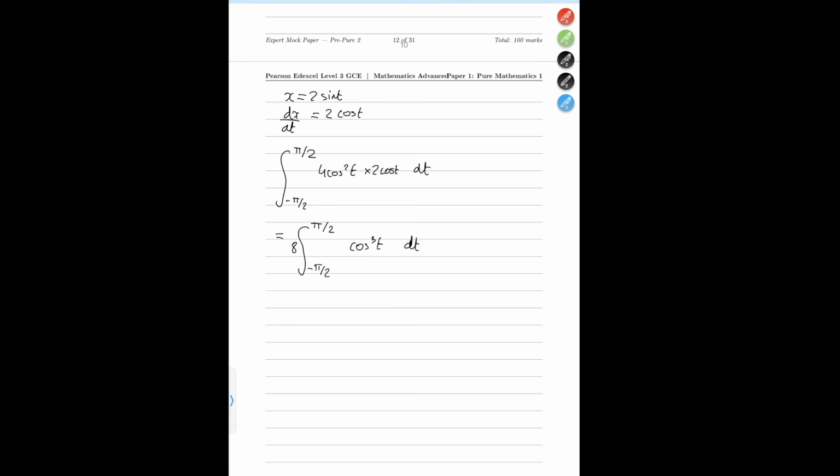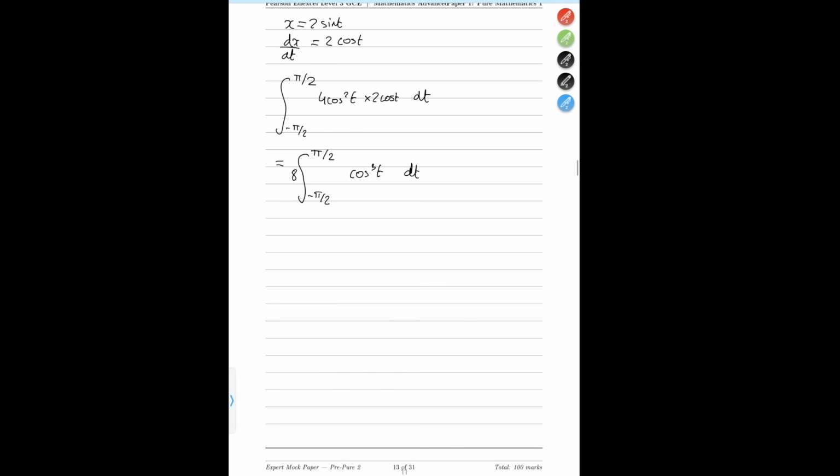This is where I might have overcomplicated it, but the way I have done this is I've split up cos cubed t into cos t and then 1 minus sine squared t.